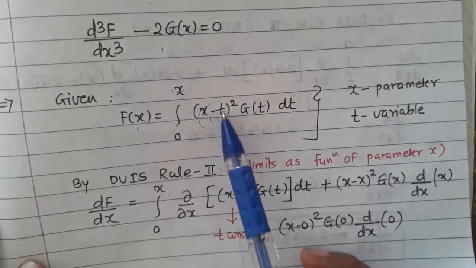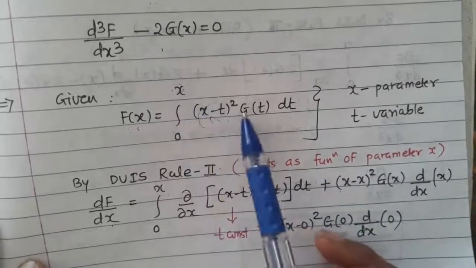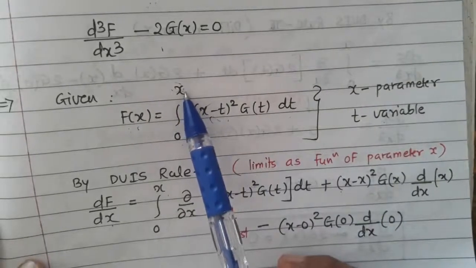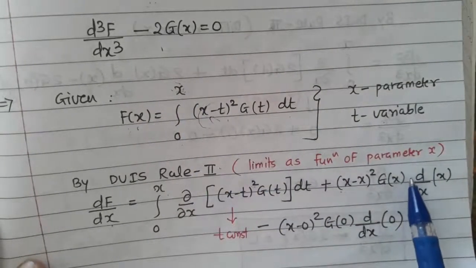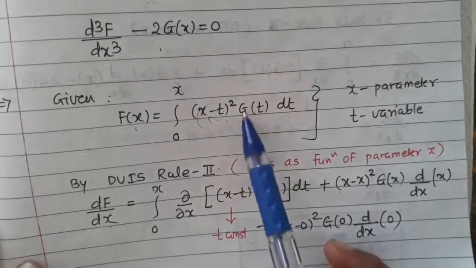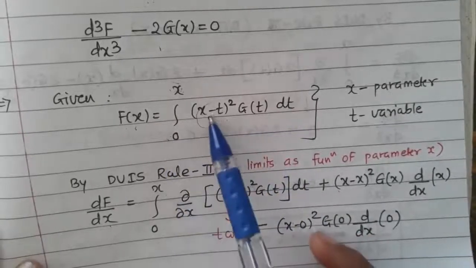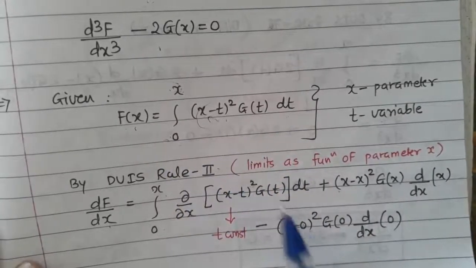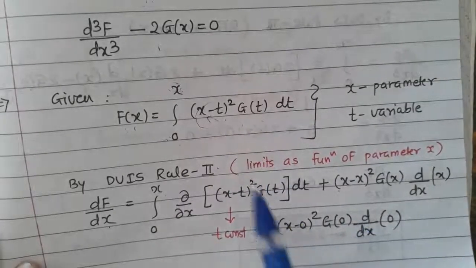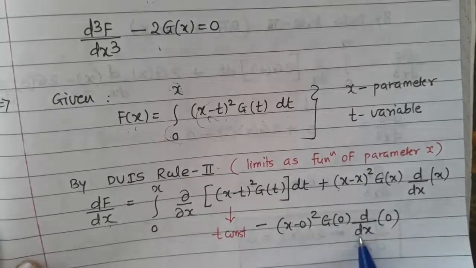That means (x − x)² g(x), and find the derivative of the upper limit with respect to x, that means d/dx of x, minus the value of the function at the lower limit. So replace each t by 0, (x − 0)² g(0), and find the ordinary derivative of this lower limit with respect to x.